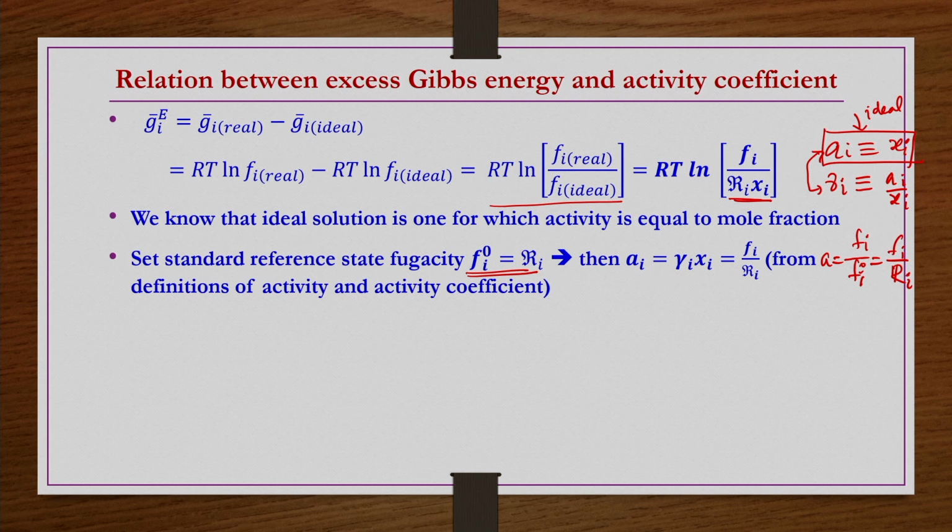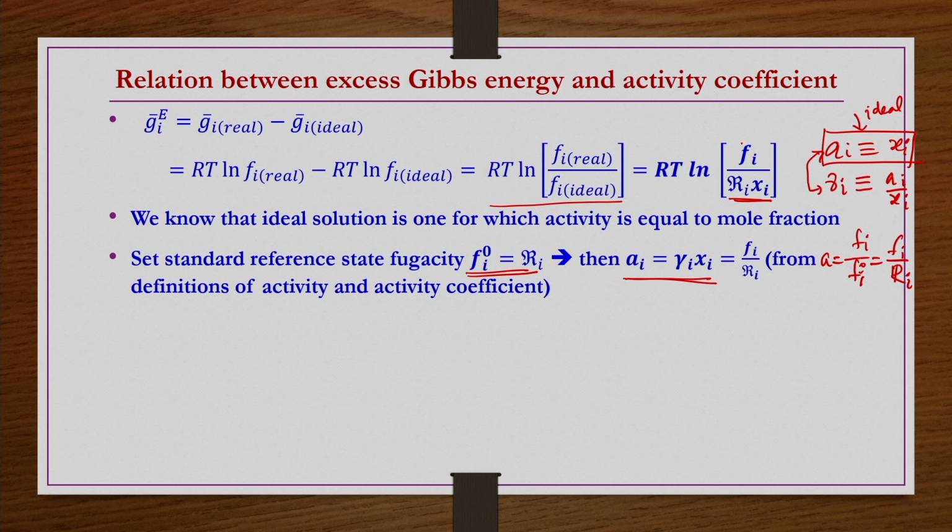So, A equals Fi by Fi naught, and with Fi naught as Ri, A equals Fi by Ri. And A equals gamma i xi, which we have also written. So, in place of Fi by Ri we can write Ai, which is also equal to gamma i xi.